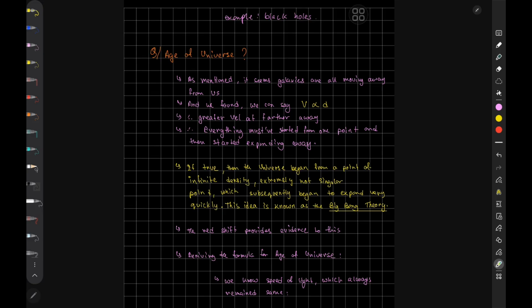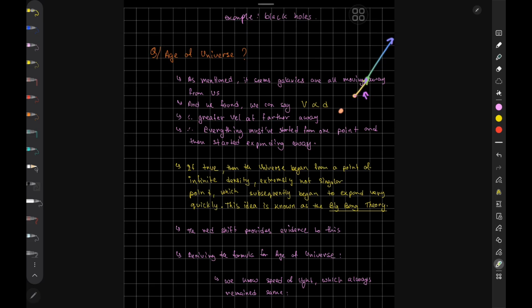What we have found out is the recession velocity is proportional to the distance that it is away from us. So as things go far away, they go further away with greater speed. If this is the source and this is, let's say, a galaxy, then the further it moves away, the rate at which it moves away increases.